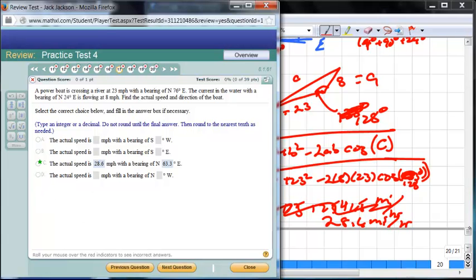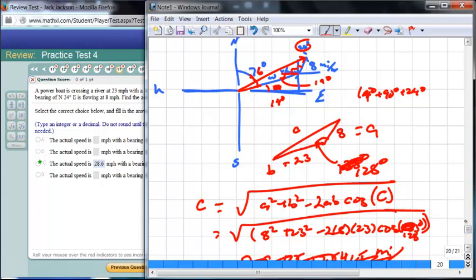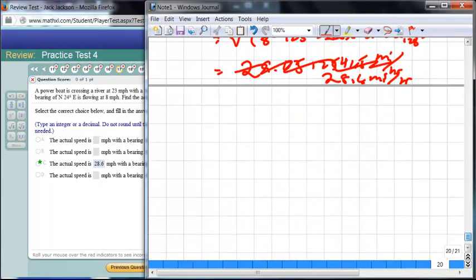Okay, now let's see the bearing. Now we can find this angle at A. Okay, so let's find that angle at A.